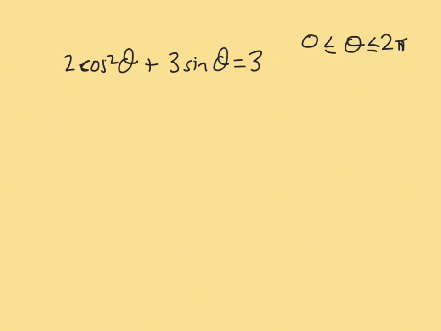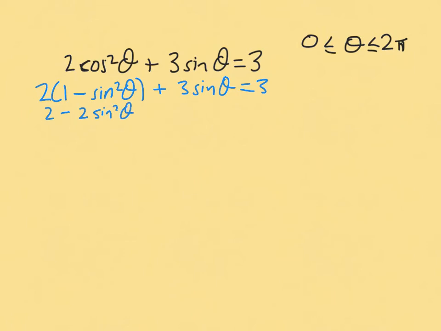So let's change cos squared into sine squared, or more precisely, 2 lots of 1 minus sine squared theta plus 3 sine theta equals 3. So that gives me 2 minus 2 sine squared theta plus 3 sine theta equals 3.